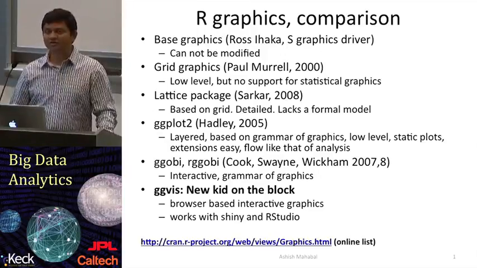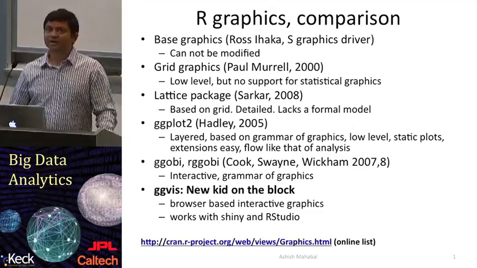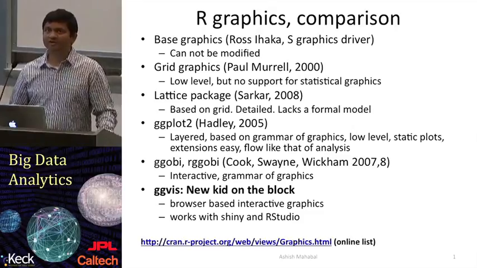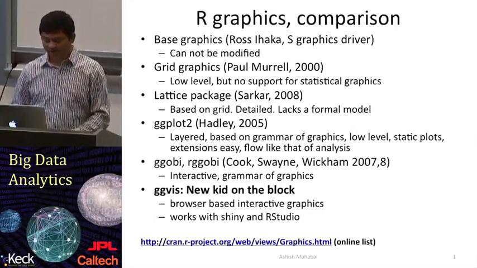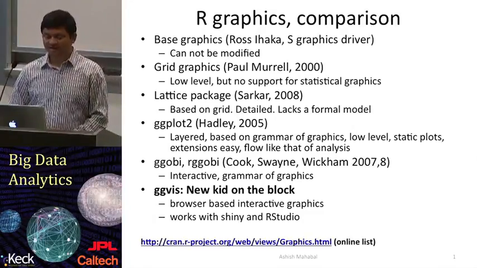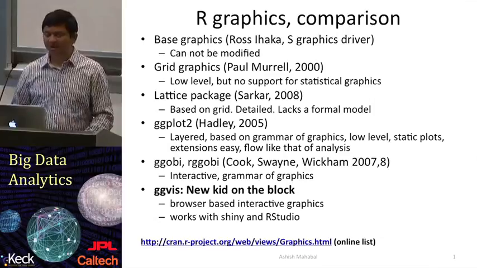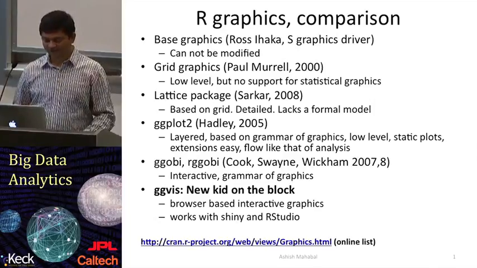And because RStudio has an element of browser, you can also do the browsing and plot building within RStudio itself, which you should be using by now. So this is also interactive graphics, and we won't be seeing more of that, but I urge you to explore these other packages, especially ggvis also. And you can see more details on the URL that I have mentioned here.